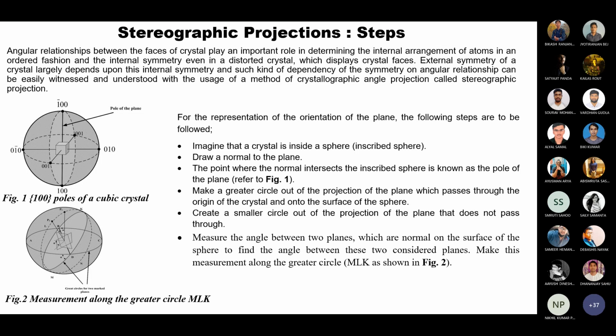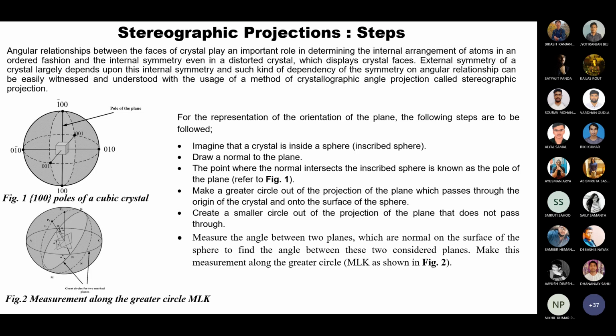What is it actually telling you? It is telling you that the different faces of crystals, their inter-orientation relationship and the internal arrangement of the atoms can be determined based on the different faces of the crystal, the different planes present in the crystal, and their internal orientational relationship.